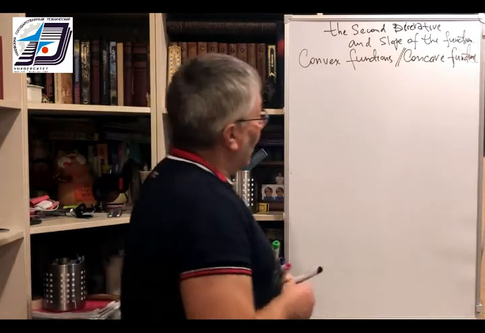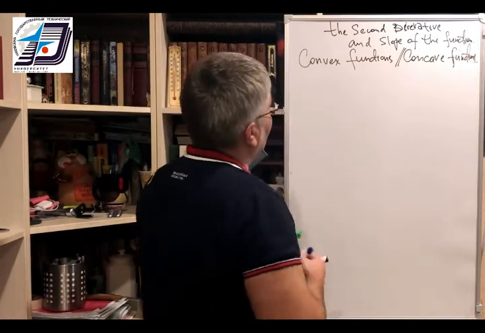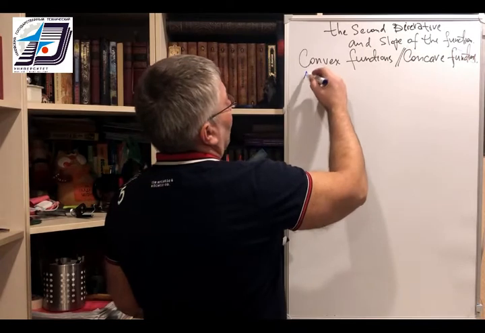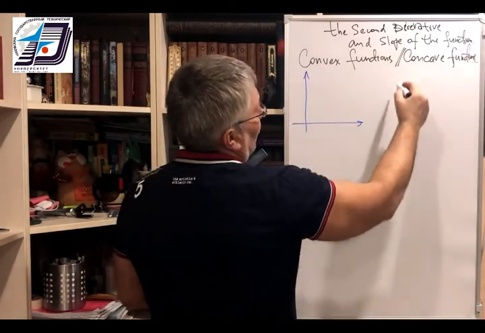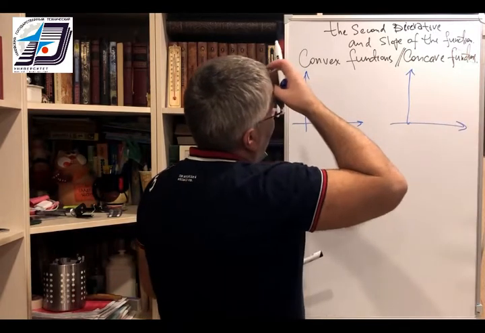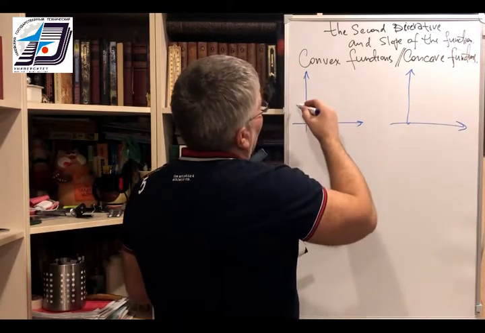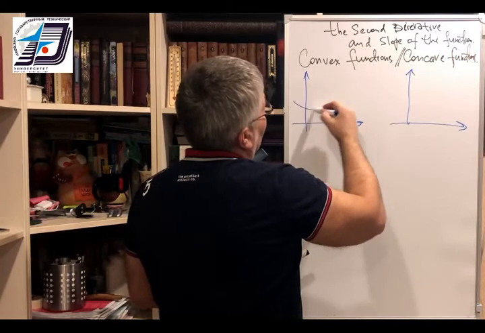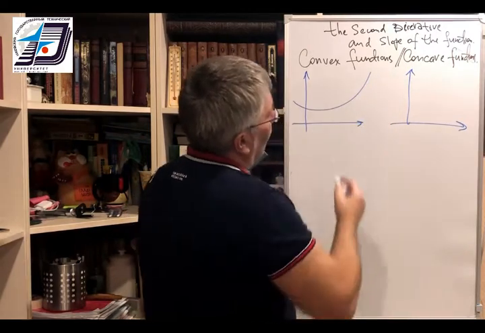Look, if you use a rectangular system of coordinates, here concave functions and here convex functions, then a convex function has a graph like this curve.